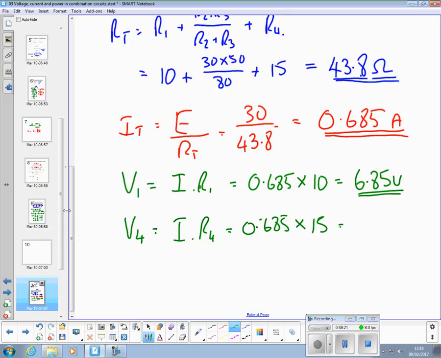We only started with 30 volts, so we can't have 102. 10.4 then to 3 significant figures. 0.685 times 15.